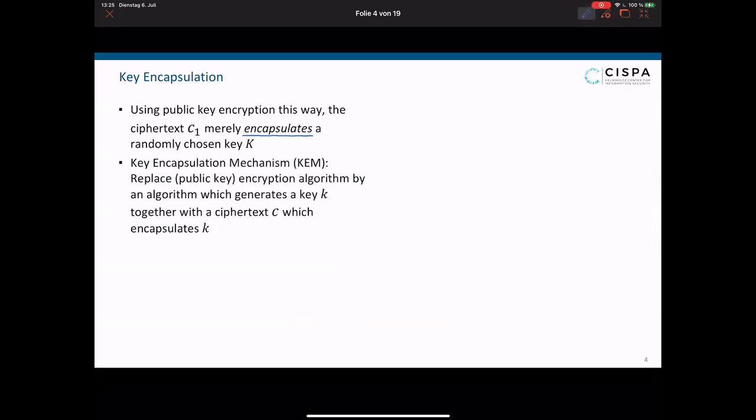But good. And in a way, this even leads to a simplification of the notion of public key encryption, which is called key encapsulation, or a key encapsulation mechanism.